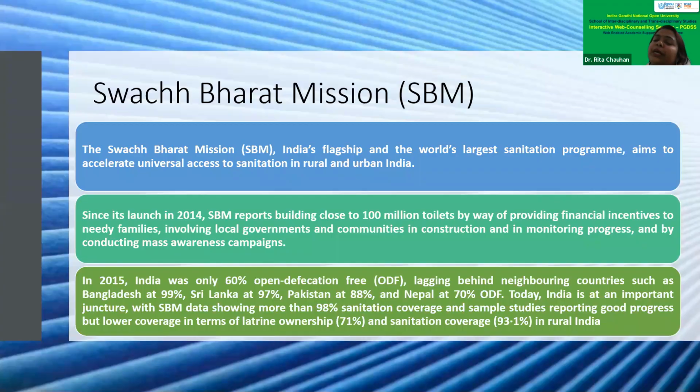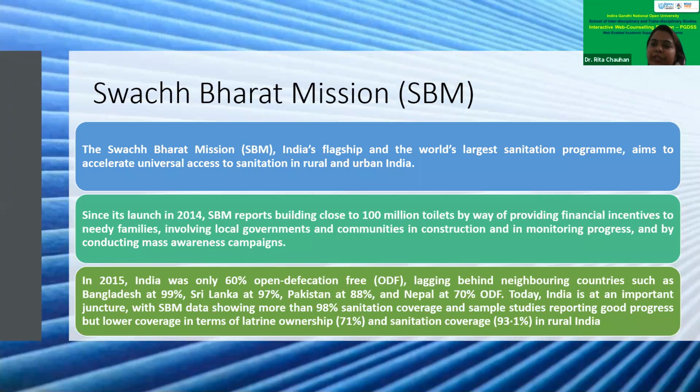So Swachh Bharat Mission is a flagship program and is the world's largest sanitation program, which has accelerated universal access to sanitation in rural and urban areas. This mission is one of the subsets of our goals toward achieving the Sustainable Development Goals. It was started in 2014 and now it has achieved a lot.